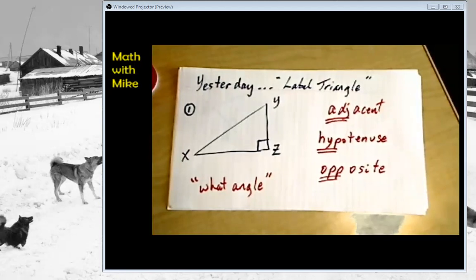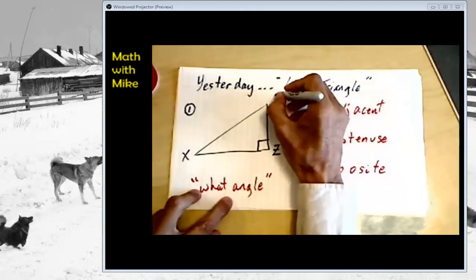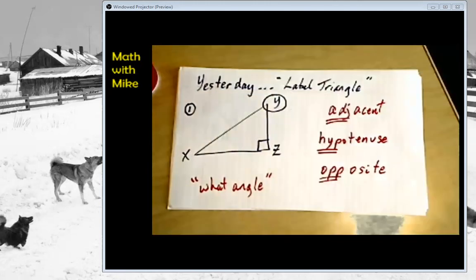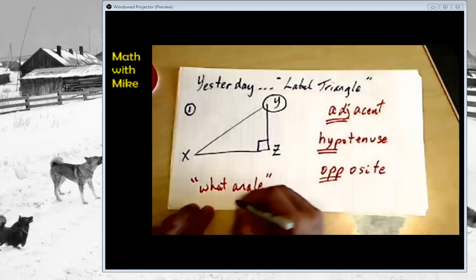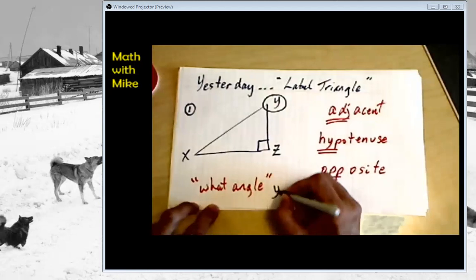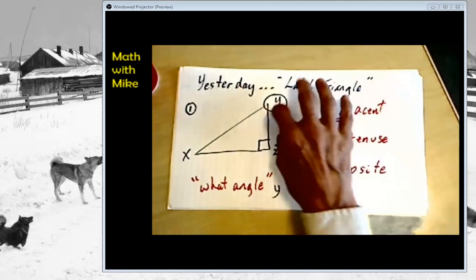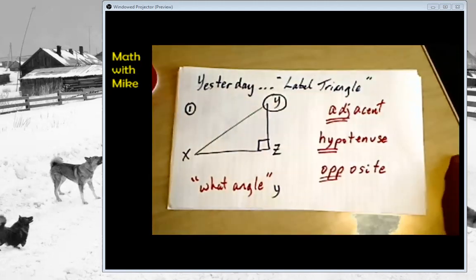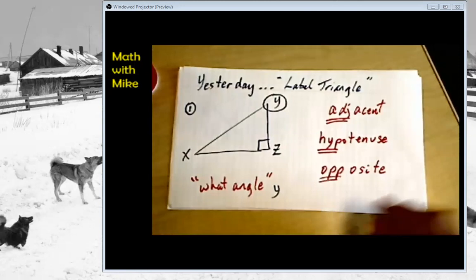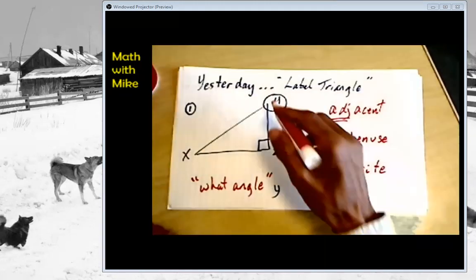Then, so we want to label this triangle. What angle are we going to look at? I'm going to say Y, just because. Okay, we're going to look at angle Y. And we're going to label the triangle with adjacent, hypotenuse, opposite by referring to angle Y. Notice, nice circle there to show the angle we're talking about.